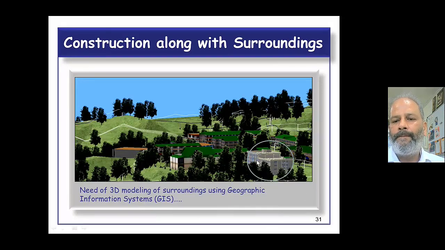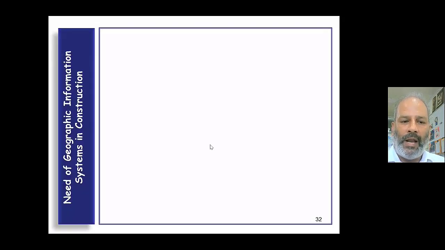Another building which has been circled has been modeled in BIM and placed in its surrounding. That surrounding has been modeled in GIS. This way it helps in understanding or developing an executable plan, or developing a sustainable life cycle.